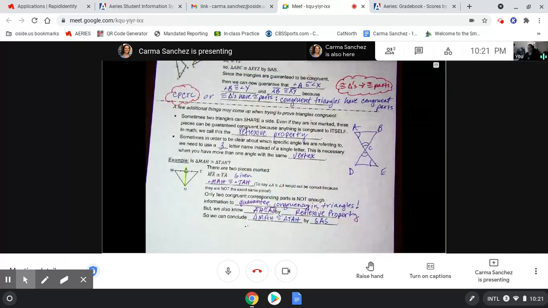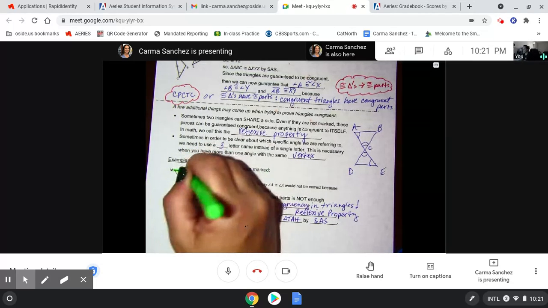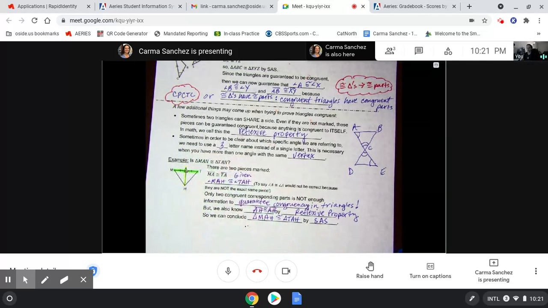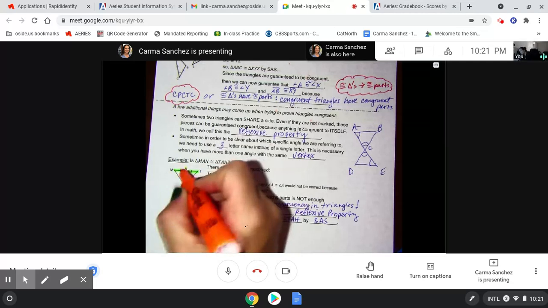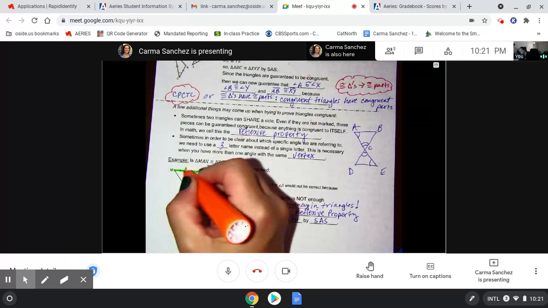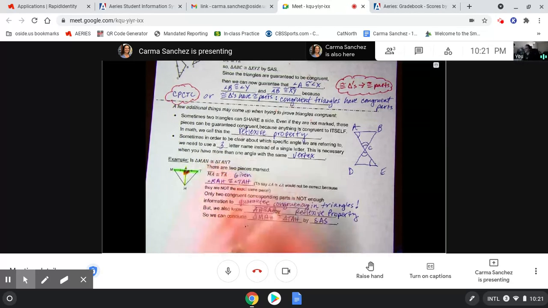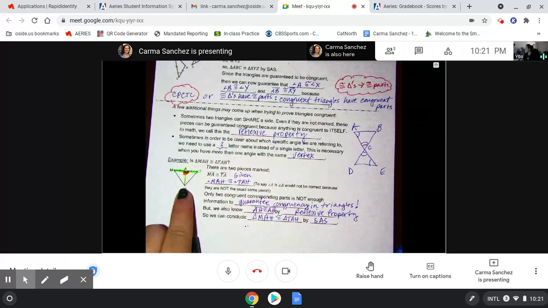What are my sides again? I've got this bottom side that was given. I've got this right angle that was marked. And then we found out about the yellow reflexive side. That's my side angle side.